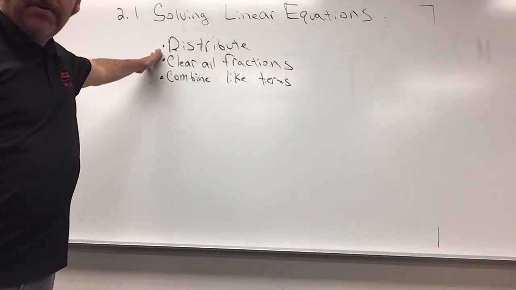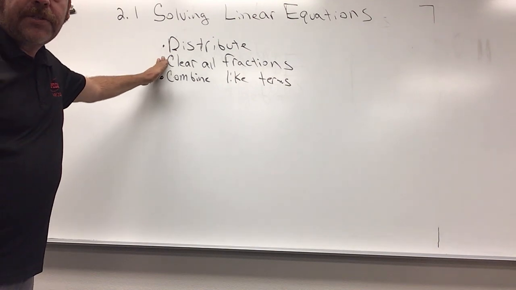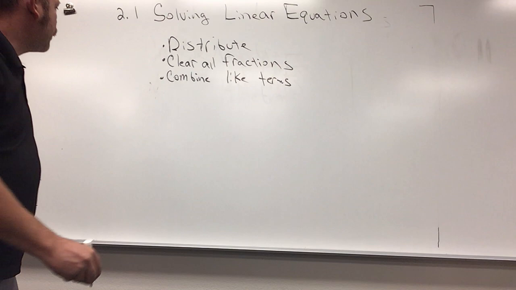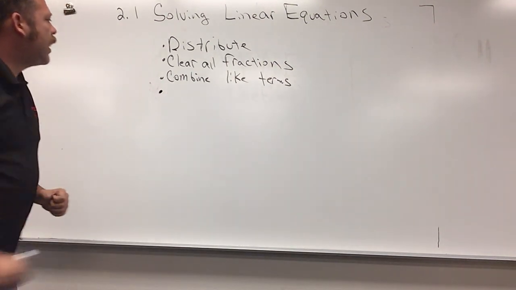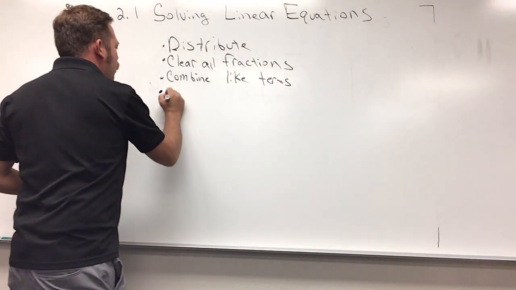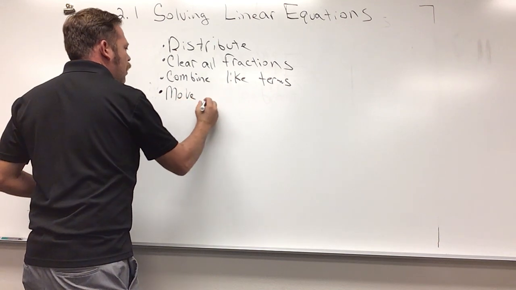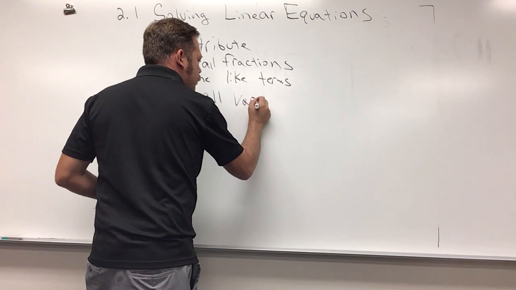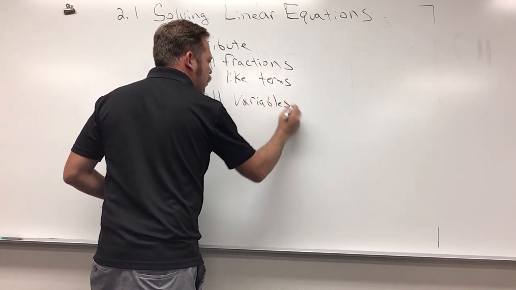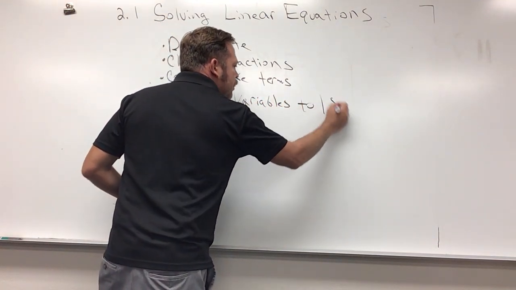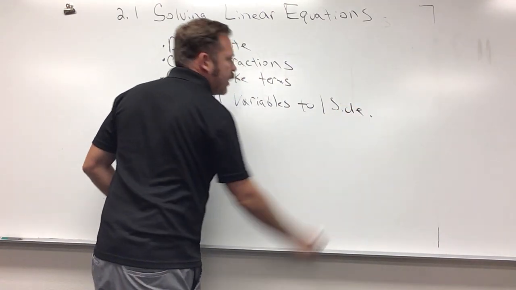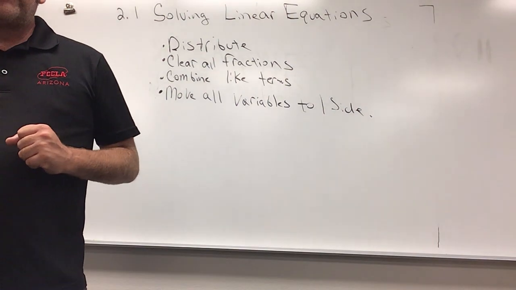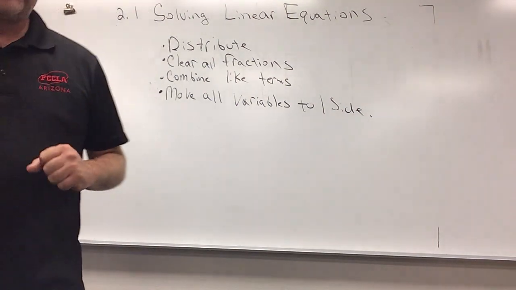So we have distribute, clear all fractions, combine like terms on each side, and we have move all variables to one side. Get all the x's or the w's or whatever variable it is you're trying to solve for, move them all to one side.